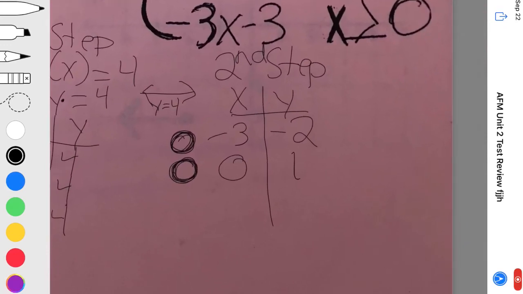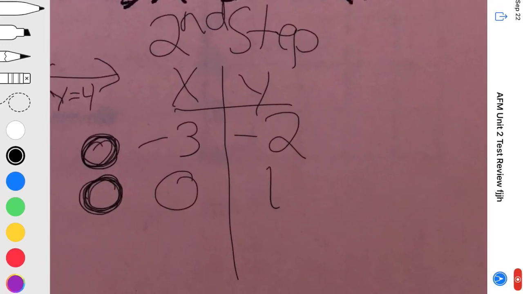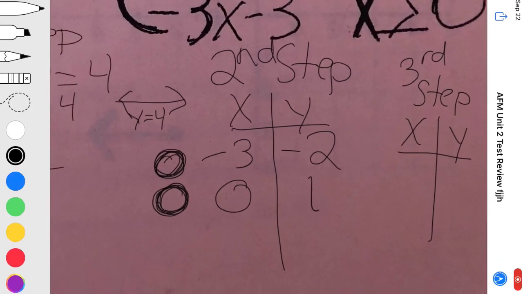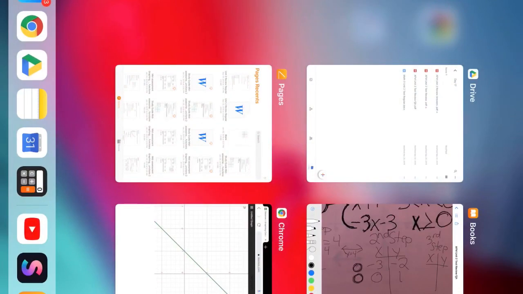Our third step is also linear, so we're only worried about 2 points. So our third step, x value, y value, we've got negative 3x minus 3, so we're going to use Desmos. If you need to know how to use it in the calculator, go to the other example on the review.